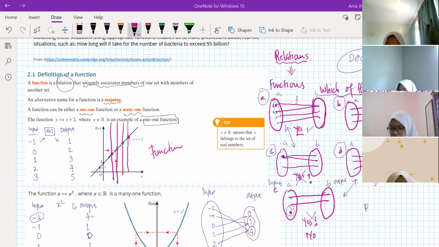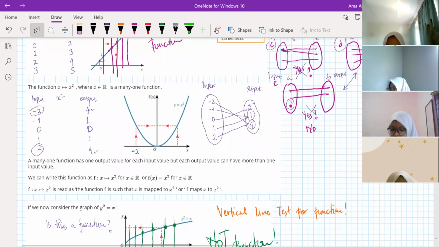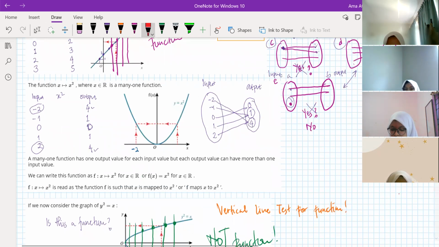Okay, so let's see for the parabola, the graph of the parabola. This one. If I draw a vertical line, so I will make a proper line, this one, it will also cut the parabola at one point.